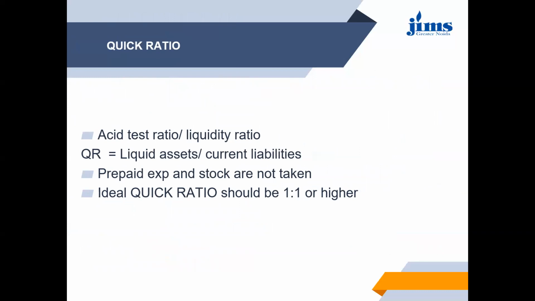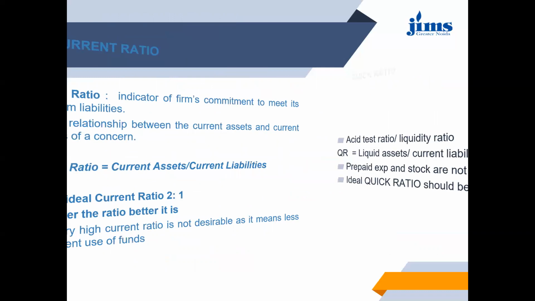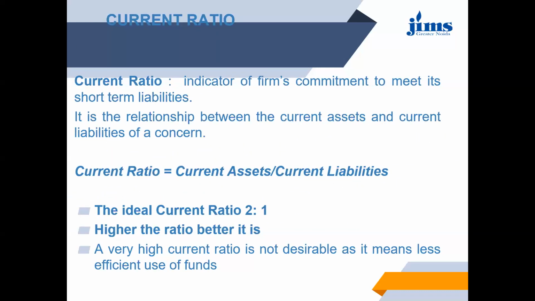What is quick ratio? Quick ratio is the relationship between liquid assets and the current liabilities. If we talk about the current ratio, current assets means the cash in hand or cash at bank, stock, debtors, prepaid expenses, while the current liabilities are the bank overdraft, creditors, outstanding expenses, bills payable.